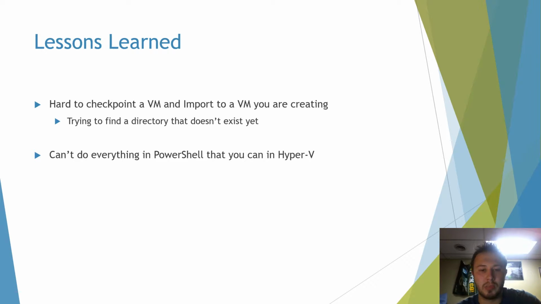Somewhere in the lines, either I couldn't figure out or you're not able to checkpoint a VM and create it within the same script because it's looking in directories that seem to point to it, but it's not. It's like looking for it before it exists, or it's not recognizing that it's a unique ID. So I'm not sure what happened there.